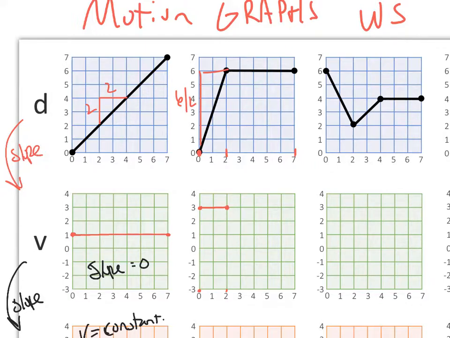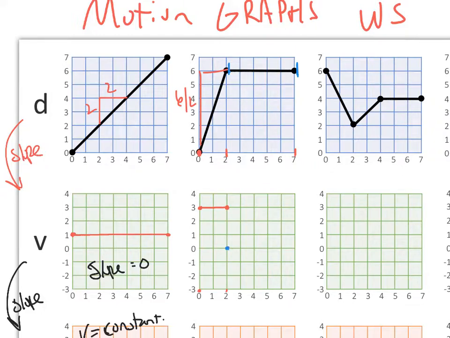I'm going to do the same thing for the next interval, so we're going to take a look at from time 2 to time 7. That interval is a flat line. So this object has not moved from the distance of 6 for that whole time. So that slope is 0. Then I'm going to go down to my velocity graph, starting at that interval in the beginning at 2.